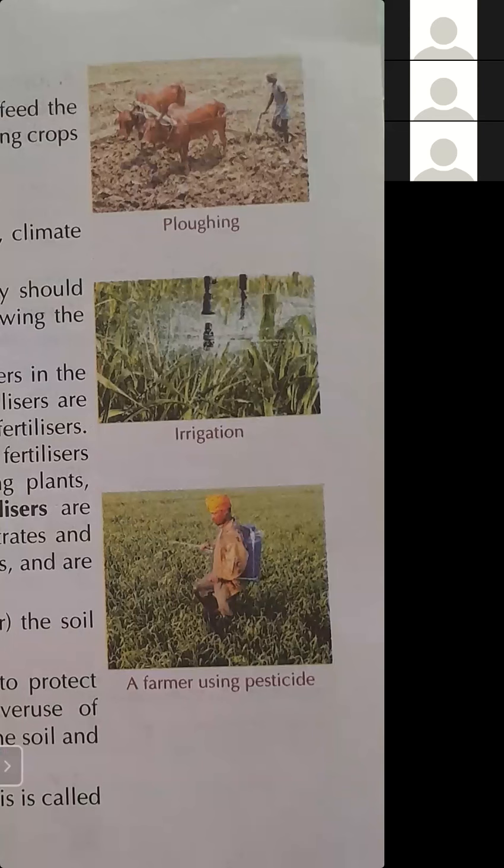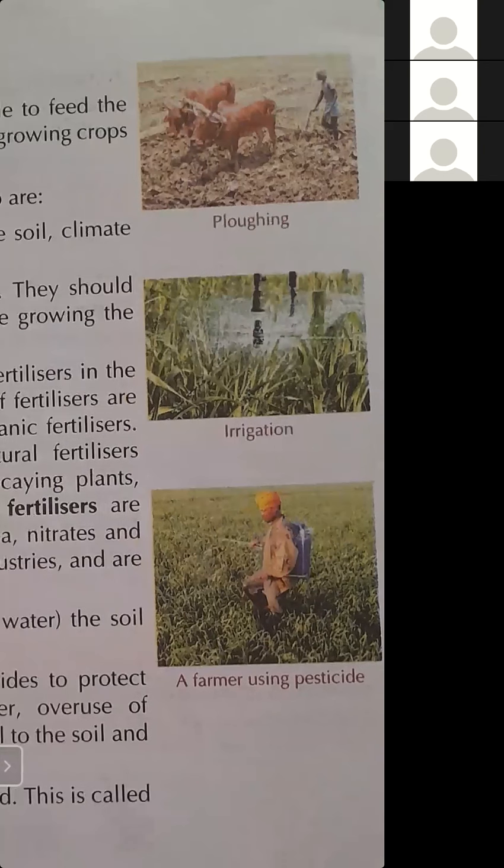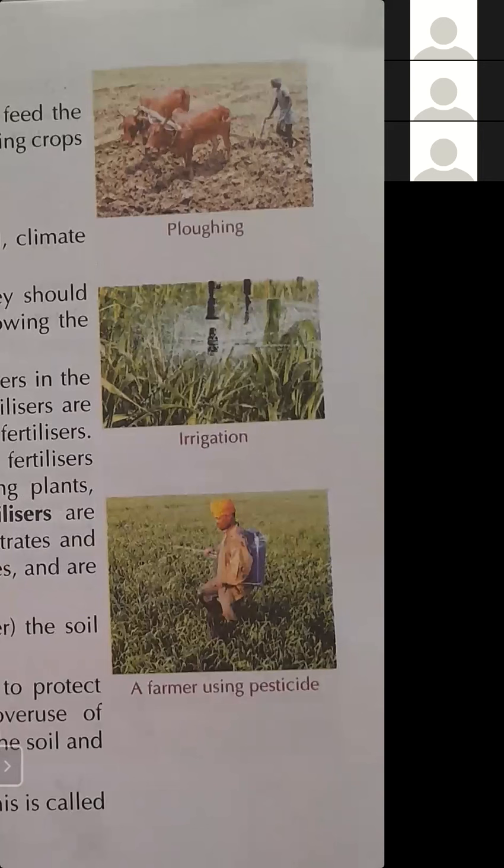There was a pair of bulls, and they were loosening the soil with the help of an implement, a tool, and that tool which makes the soil loose is known as a plow. Nowadays we are using a tractor or heavy machinery to make the process of plowing very easy.